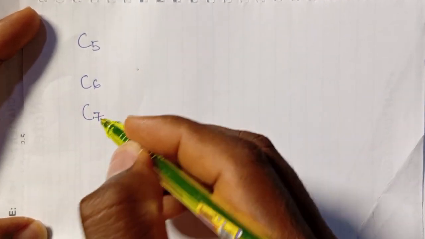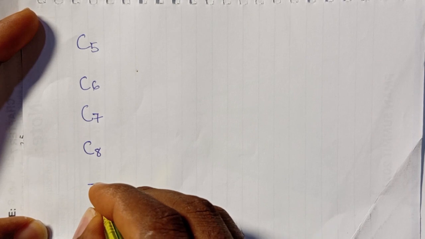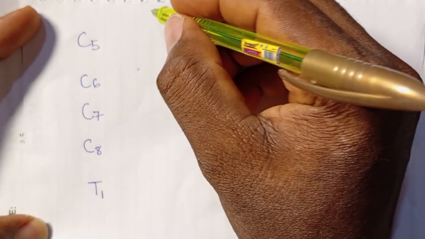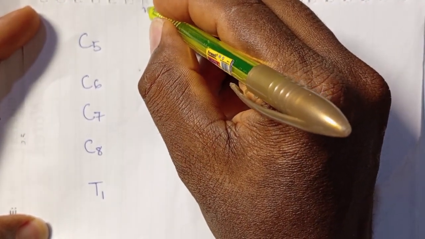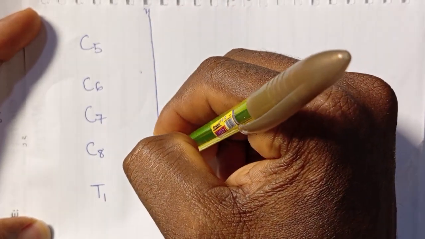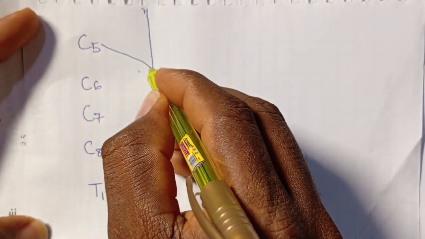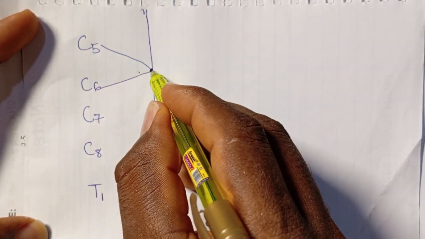Then C6, C7, C8, and T1. The reason I did it like this is that this is my hand and my pen, and I'm trying to illustrate it using a white notepad. Then this line drawn downward is to make a border for this description.